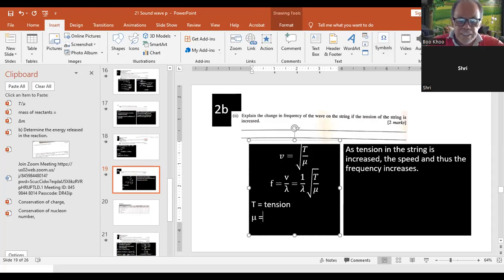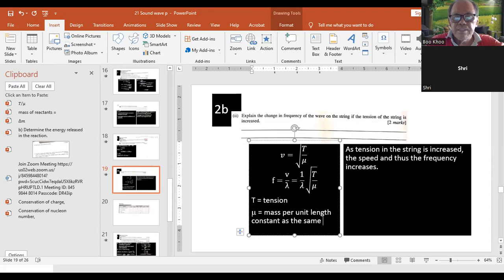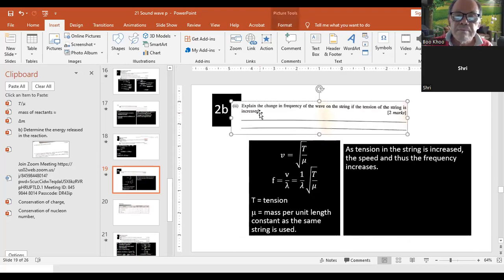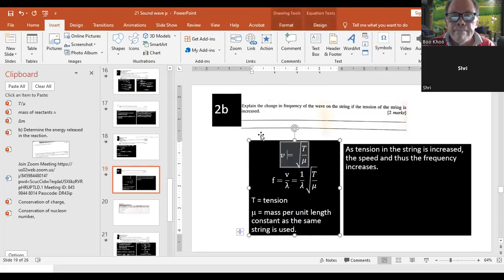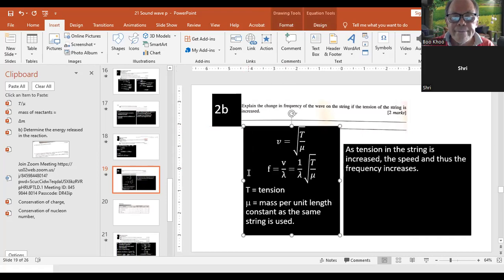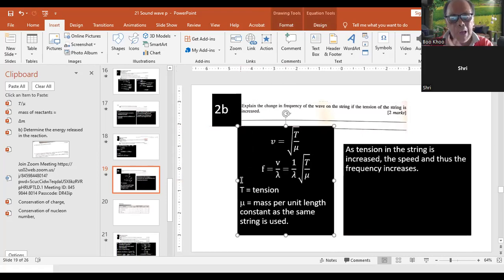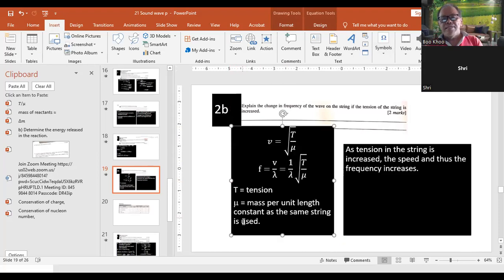Any formula you use, you need to tell the examiner what it stands for. Mu is mass per unit length, constant as the same string is used. Okay or not? Anything not clear? If clear, let's go to the next question.